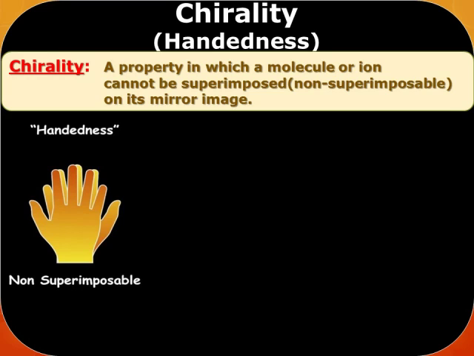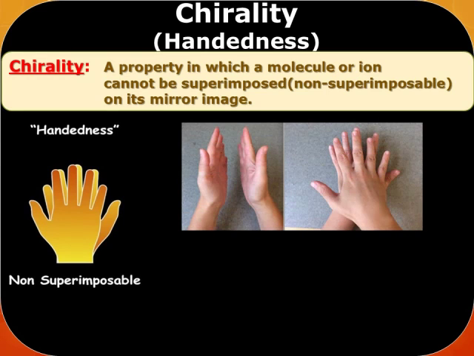It is non-superimposable. Okay, try to keep your hands with both palms facing each other. Then it is superimposable. We call them superimposable because they exist as mirror images of each other.